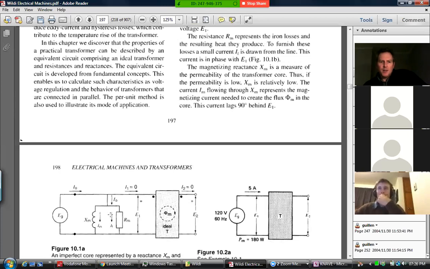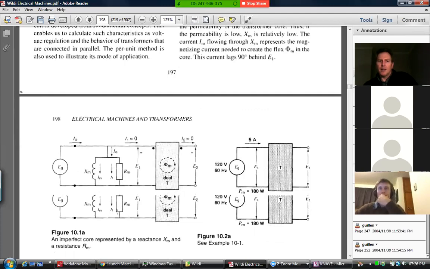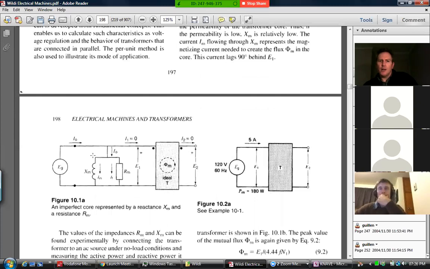At the end of the day, we'll call this the exciting current. It's the combination of this IM bit and the IF bit, and it's currents which are required regardless of whether current is being drawn here on the secondary or not. So we're aiming towards an equivalent circuit for a whole transformer, and what we're looking at here is just the primary side at the moment.